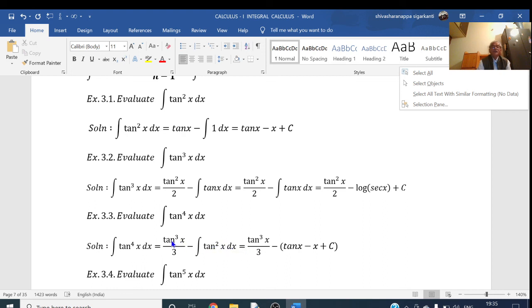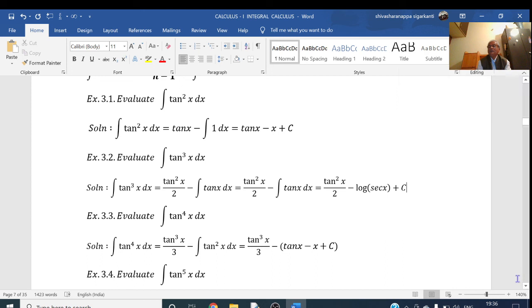This is equal to tan cube x by 3 minus the integration of tan square x. We have the integration of tan square x equal to tan x minus x plus c. So that is tan x minus x plus c. This is our integration of tan fourth of x.